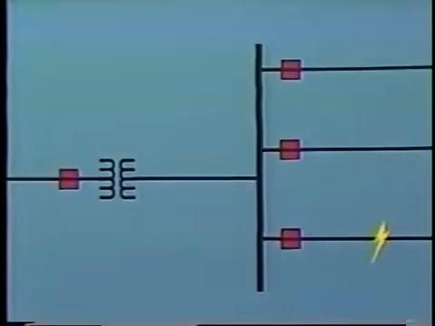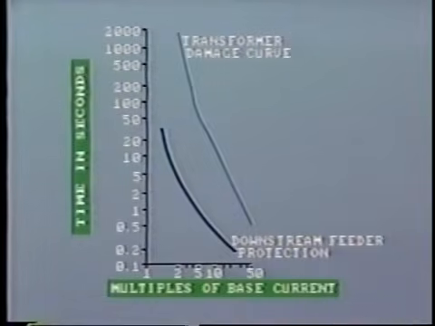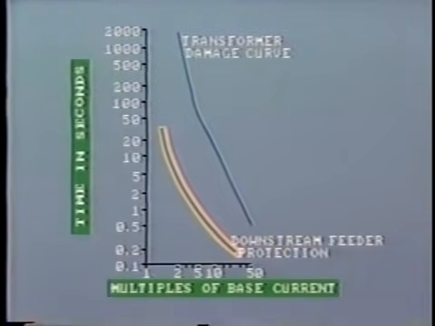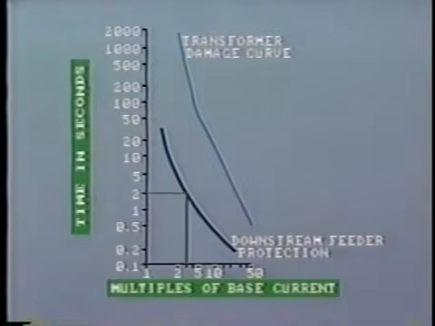Well, the first line of protection would be the operation of protection devices downstream in the low voltage system. In fact, the low voltage protection will probably be set to operate on a curve like this and trip the feeder breaker. You can see here that for 3 times rated current, the feeder protection will trip in 2 seconds.